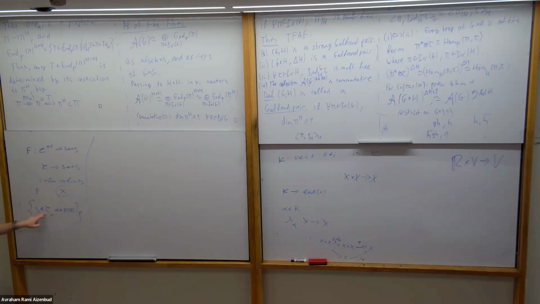It's just an object in C together with an element in F of S. F of S is a set, so we can talk about elements there. So let's define it to be the overcategory of the functor F. If F is representable, then this is actually the overcategory of the object that represents F. But I can always define it.